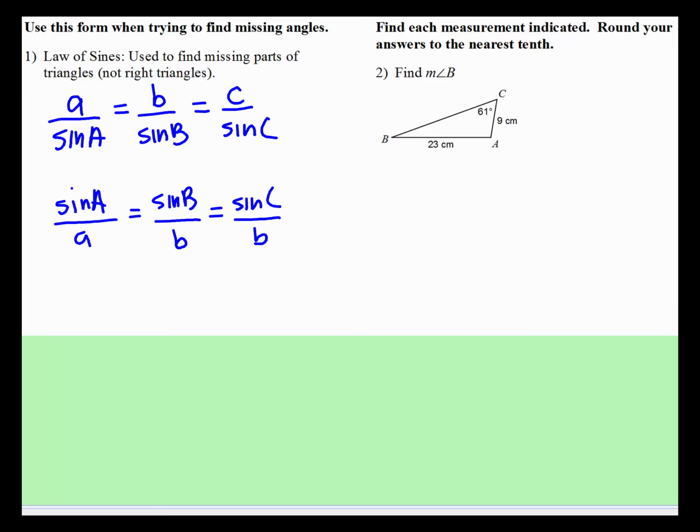Okay, so now use this form when trying to find missing angles. So this is what we have. Oh, look at it. We have a side and an angle.